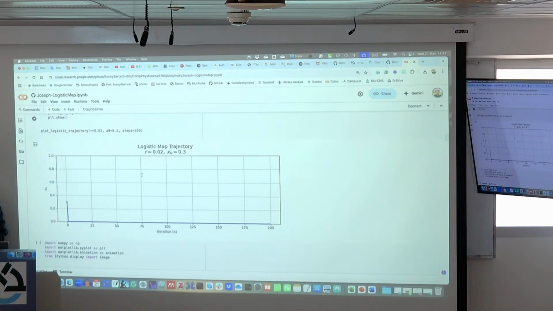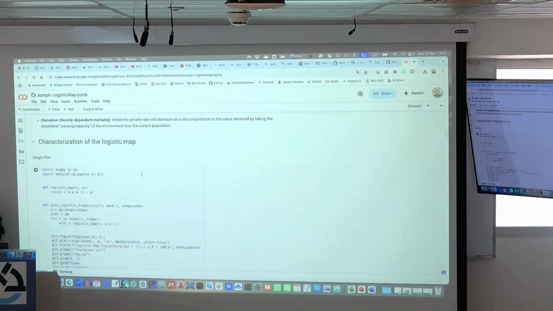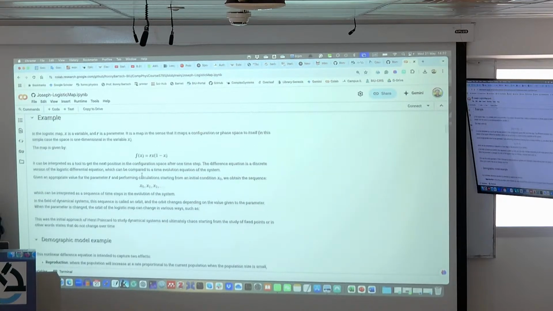Another comment. Sorry, I all the time interrupt because I'm so excited. If you look at the equation, you can also write it in a differential form, and then you have a first order differential equation. And what kind of first order differential equation is this? Nonlinear.